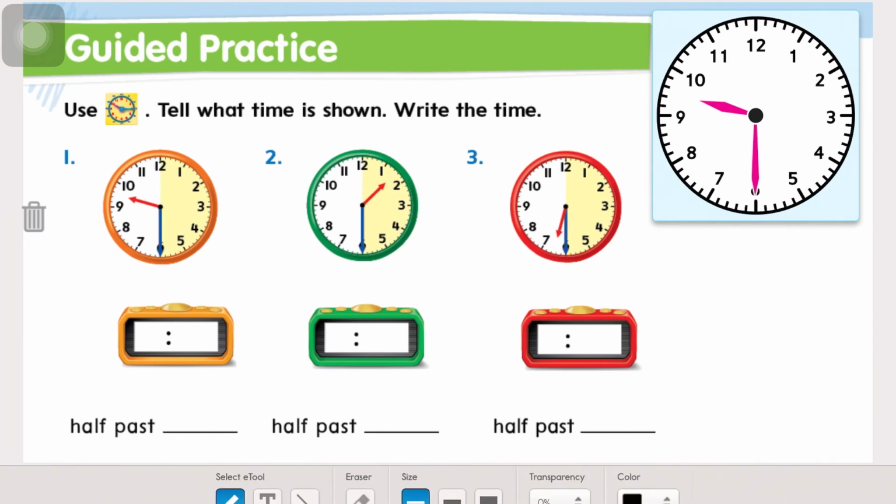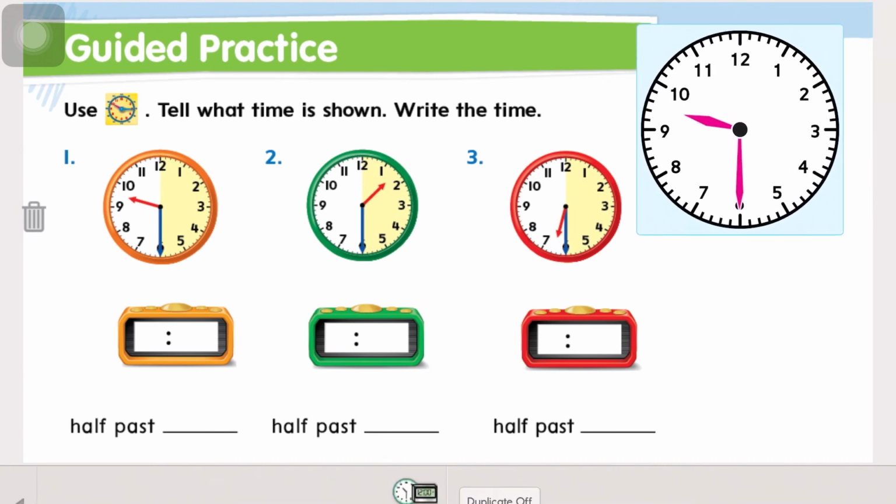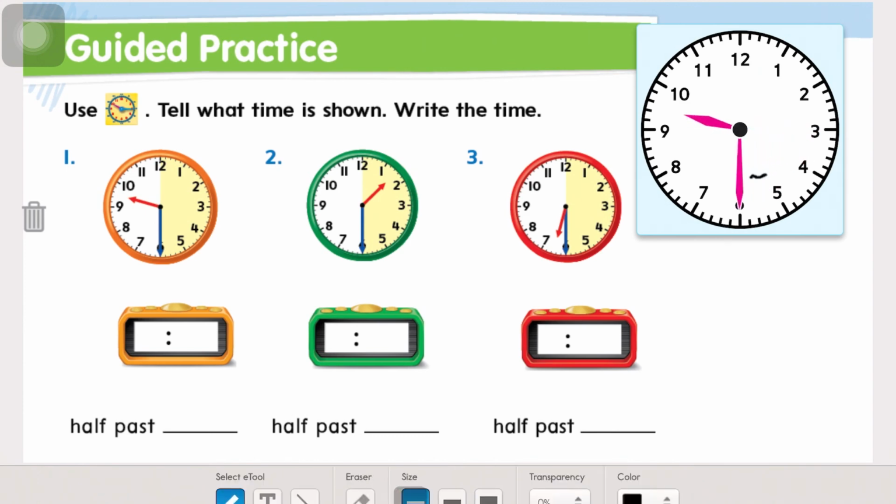So the hour we came from, if I go backwards, the hour we came from is 9. So now that we're at the 6, that's 9:30. Okay, let's try the green one.